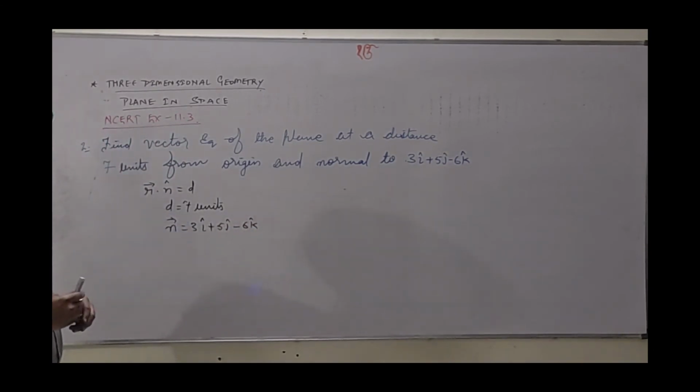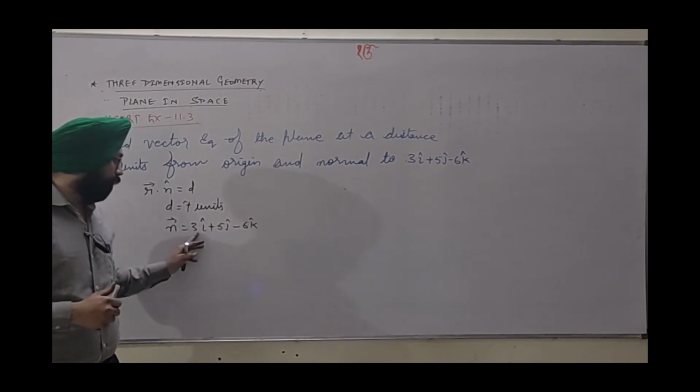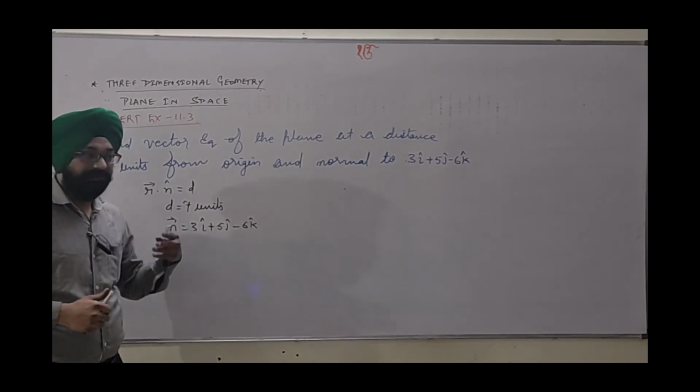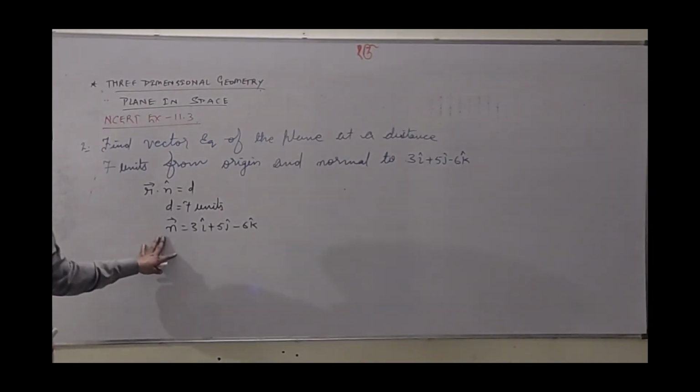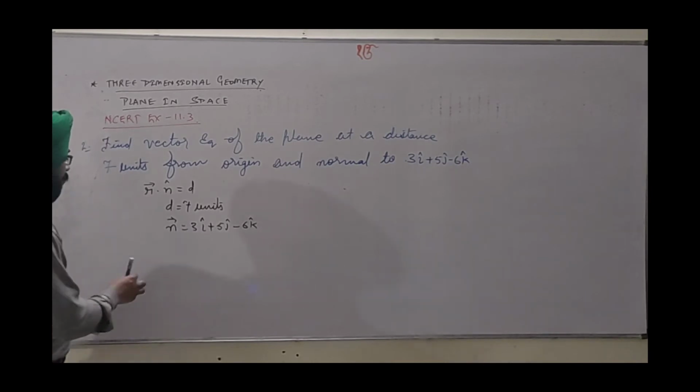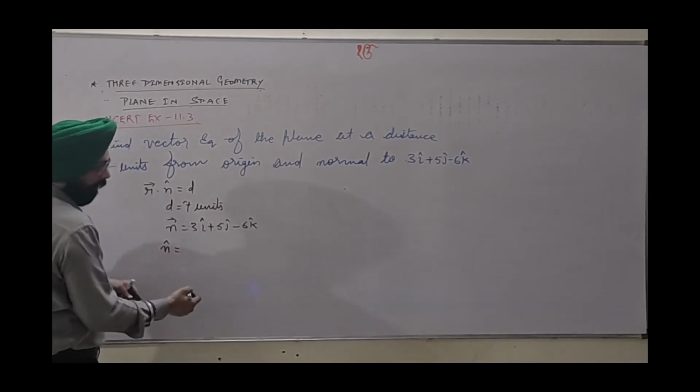How do I judge here that this is not n cap? You just find out its magnitude, under root 3 square plus 5 square plus minus 6 square. It is not 1, so obviously it's not a unit vector. So no problem, we can convert this into a unit vector. N cap will be equal to the vector divided by the magnitude.